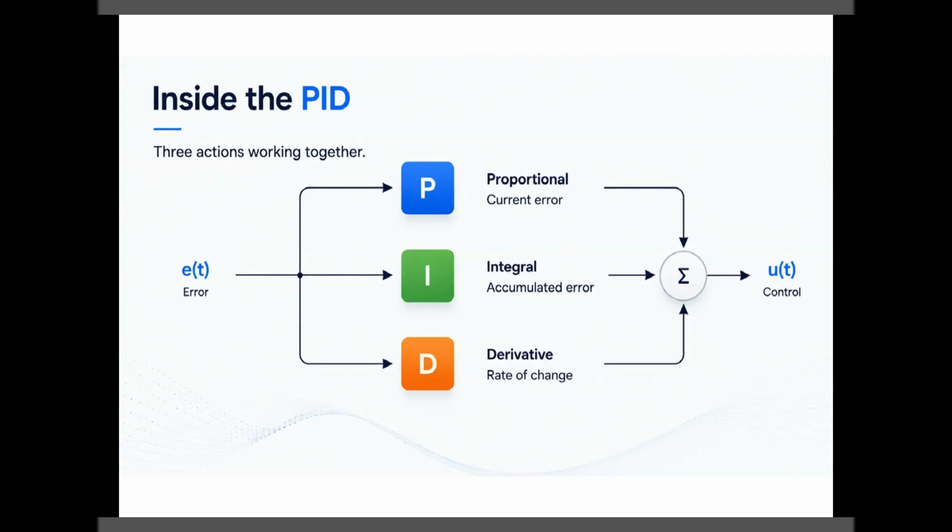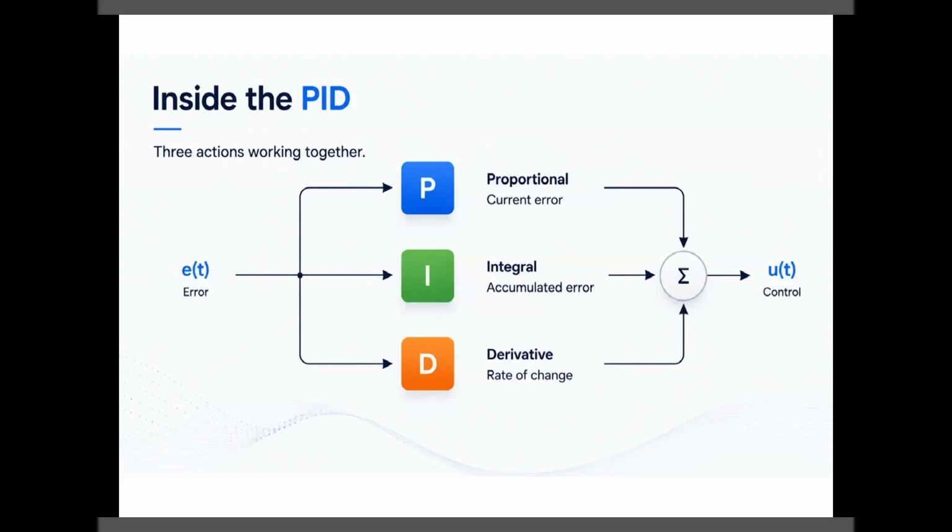You can think of the three terms as working together. The proportional term reacts to where we are, the integral term remembers where we've been, and the derivative term predicts where we are going. By combining these three perspectives, the PID controller achieves fast, accurate, and stable control, which is why it remains one of the most successful controllers ever developed.